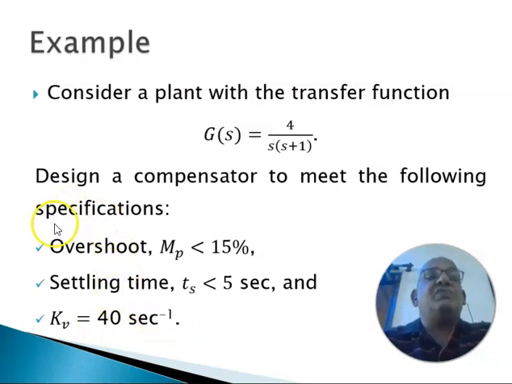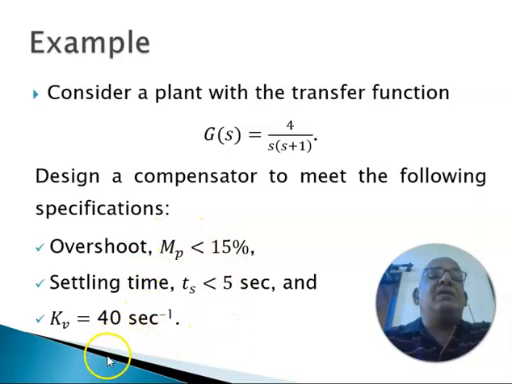Carefully note that we are expected to undertake the design process in the frequency domain, but the specifications are in the time domain. So before we actually go and design a compensator in the frequency domain, we need to convert these time domain specifications into frequency domain.